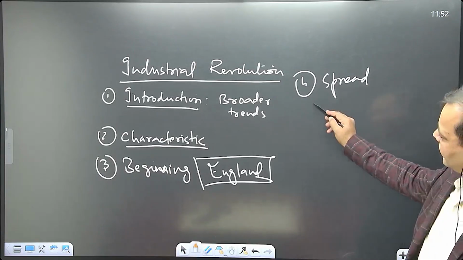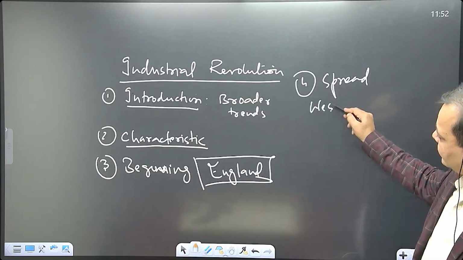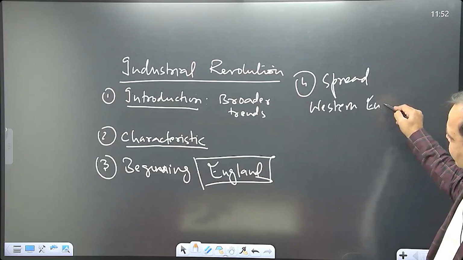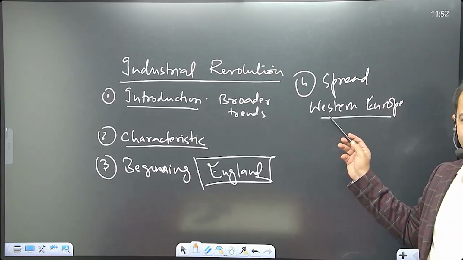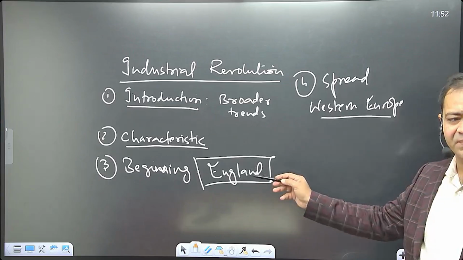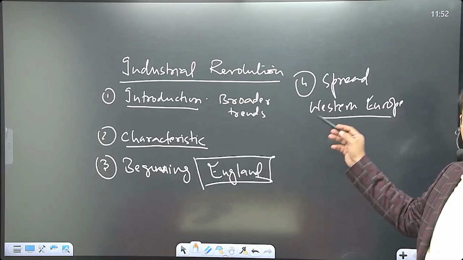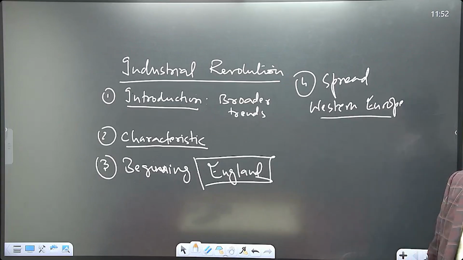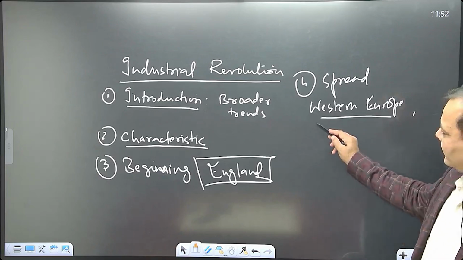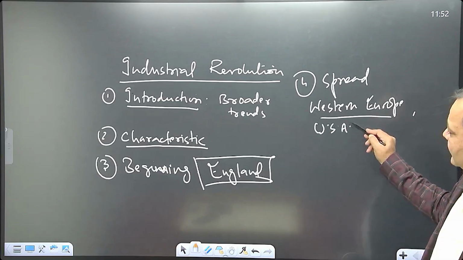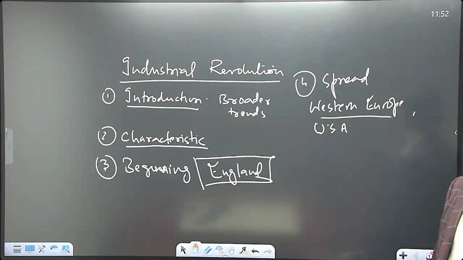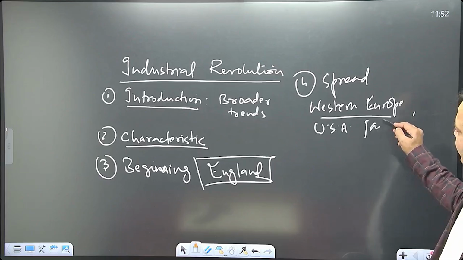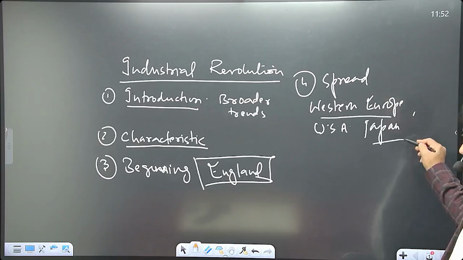As part of the spread, we can take note of the countries of Western Europe and how the process of industrialization there was similar or dissimilar, so that we can compare the situation in England with the situation in Europe. Likewise, we can also take note of the industrialization of USA, not in terms of details, but in terms of broader policies and tendencies. Clear?